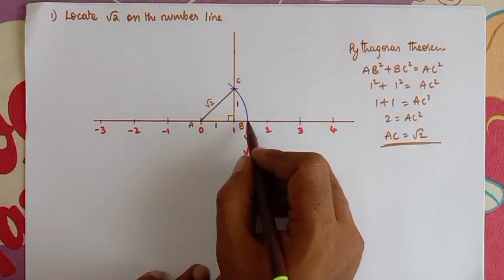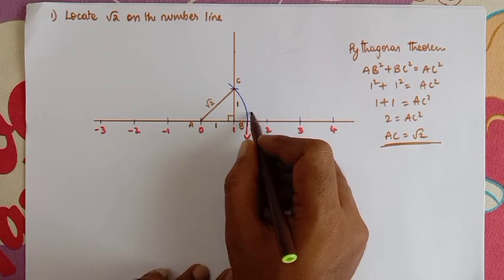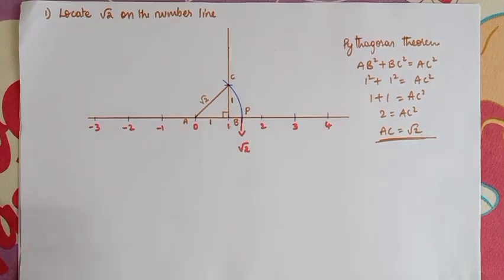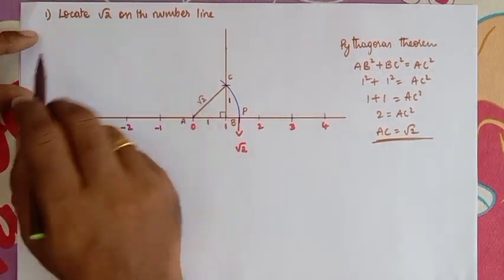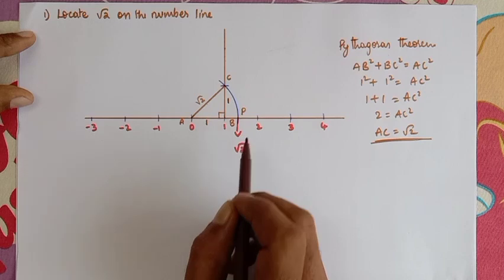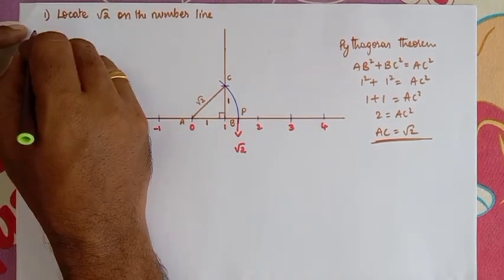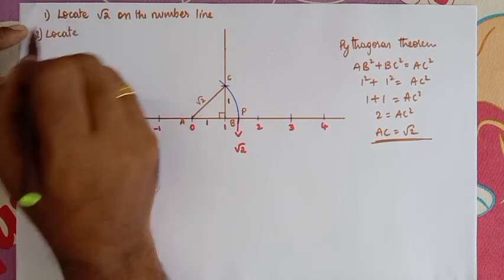So A to this point, let me mark it as P, AP is root 2. Let me use this same number line to locate root 3.